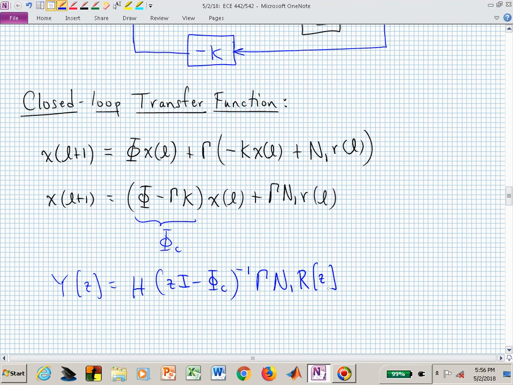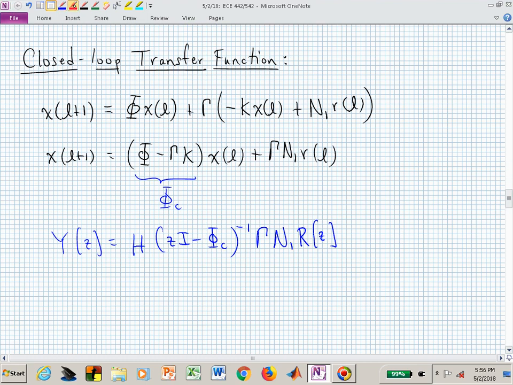And if this is a little bit too big of a step, you can put in the intermediate line to illustrate: z-transform the output equation, and now replace capital X of z in the output equation with what I could find from the z transform of that dynamic equation. Here is our closed loop transfer function.